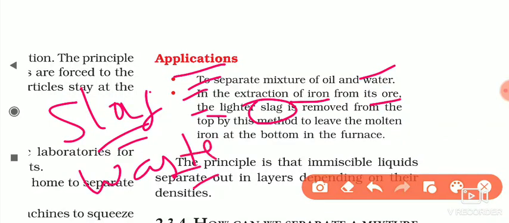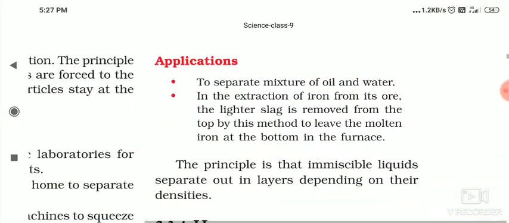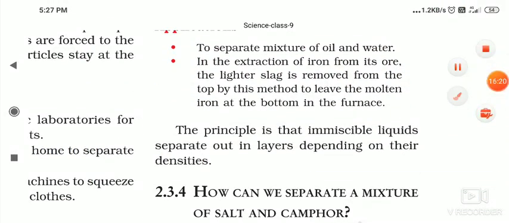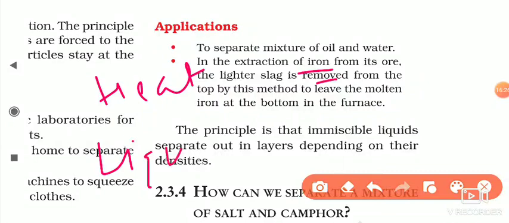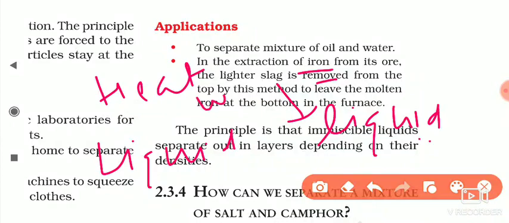When you extract iron from iron ore, you first heat it. When you heat, the iron is in liquid form. Slag is also in liquid form. And what is slag? Slag is the waste material.